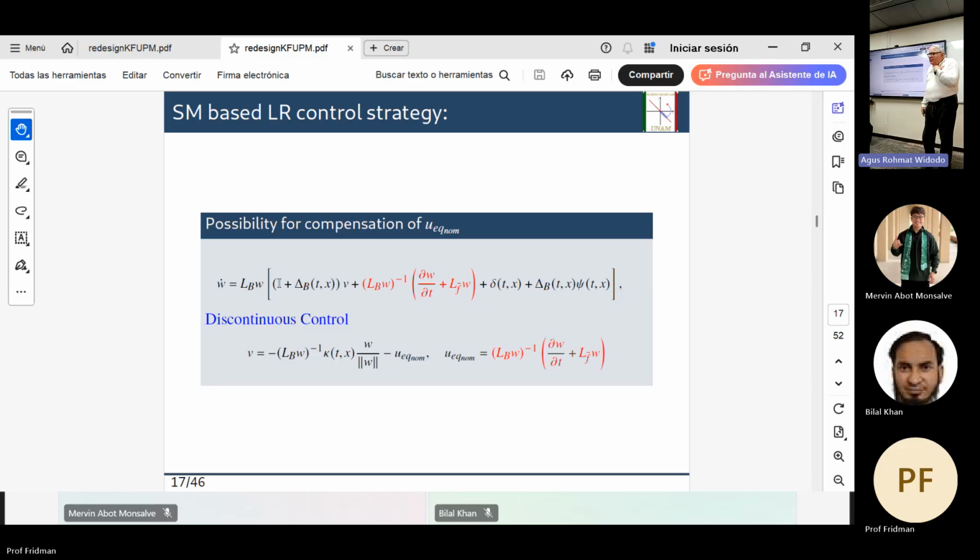What's new here if we are dealing with sliding mode? In sliding mode control, the first step of design is to neglect what you know in the system. You can compensate what you already know. It is called nominal equivalent control. Equivalent control is something which allows you to slide.